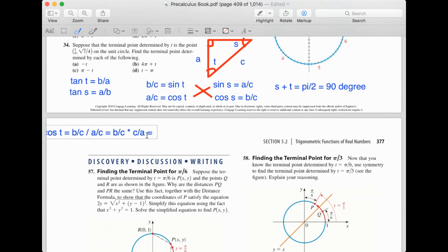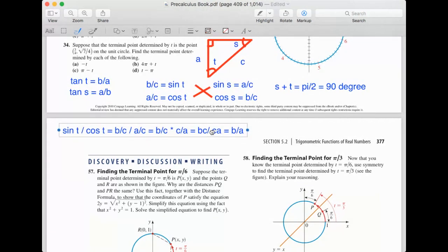Now, when we multiply two fractions, we multiply numerator with numerator, b times c. We multiply denominator with denominator, so the denominator will have c times a. The numerator has c and the denominator has c, so c divided by c equals 1. So we're left with b over a.